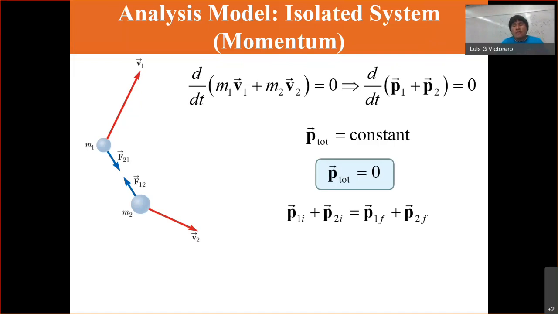So the external force is basically 0. That means that in a collision, the change of momentum of one is equal to the change of momentum of two, or what you have right now on the screen: the momentum of one initial plus momentum of two initial equals momentum of one final plus momentum of two final.